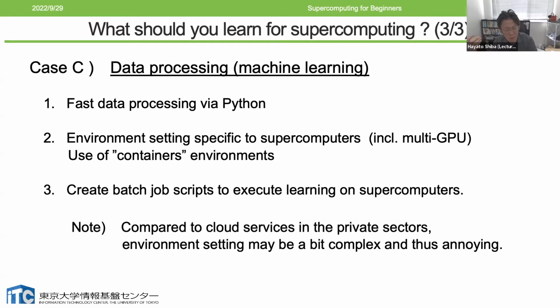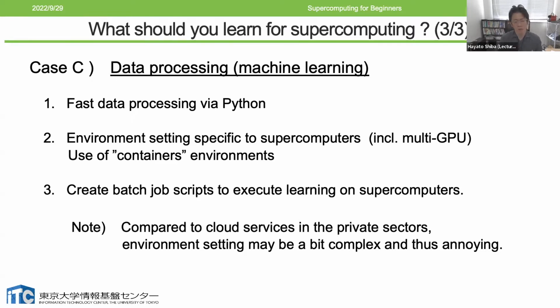So in general, it's difficult to do by ourselves. And this is the reason why I have prepared the course for machine learning in the latter half of this afternoon. I will explain and let you know how to run such machine learning on supercomputers. This is actually a special thing to run.